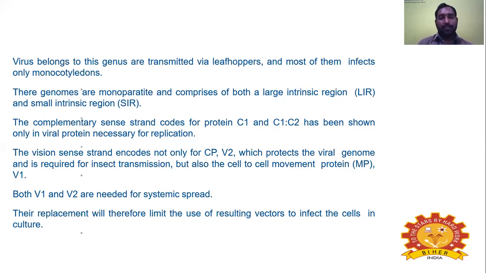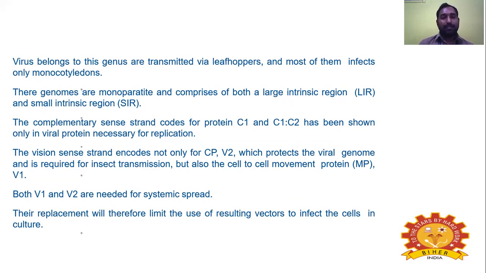Both V1 and V2 are needed for systemic spread. So if you want to spread the virus among all the plants, these two proteins are very essential. Their replacement will therefore limit the use of the resulting vectors to infect cells in culture.